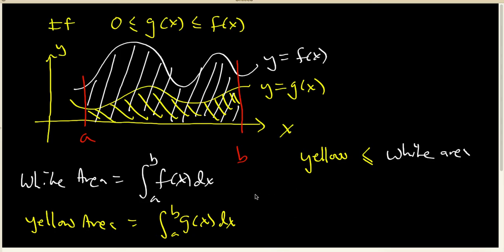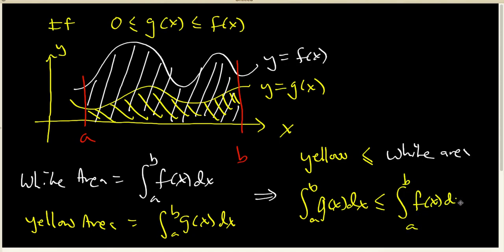And so what this says is that the integral between a and b of g of x has to be less than or equal to the integral from a to b of f of x dx. And as long as g is trapped between the x-axis and f of x, this fact is going to be true.